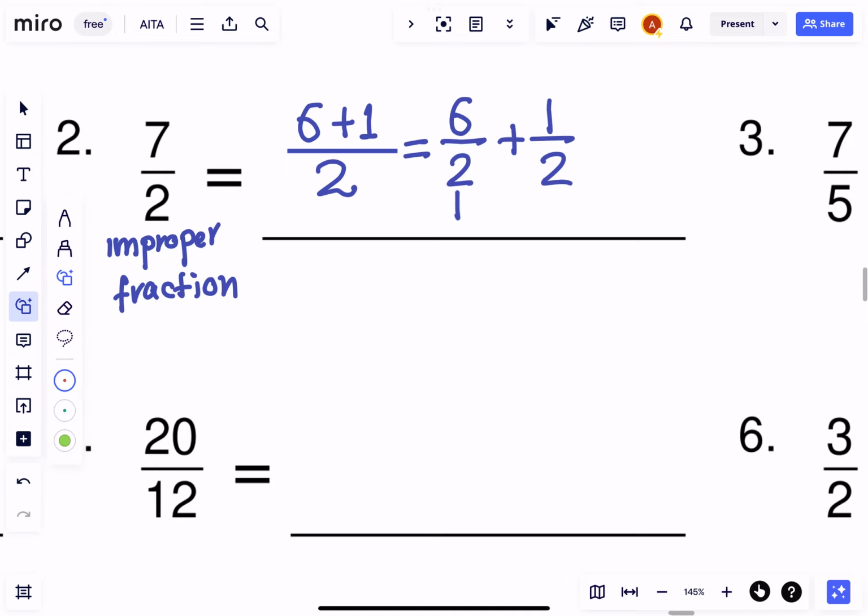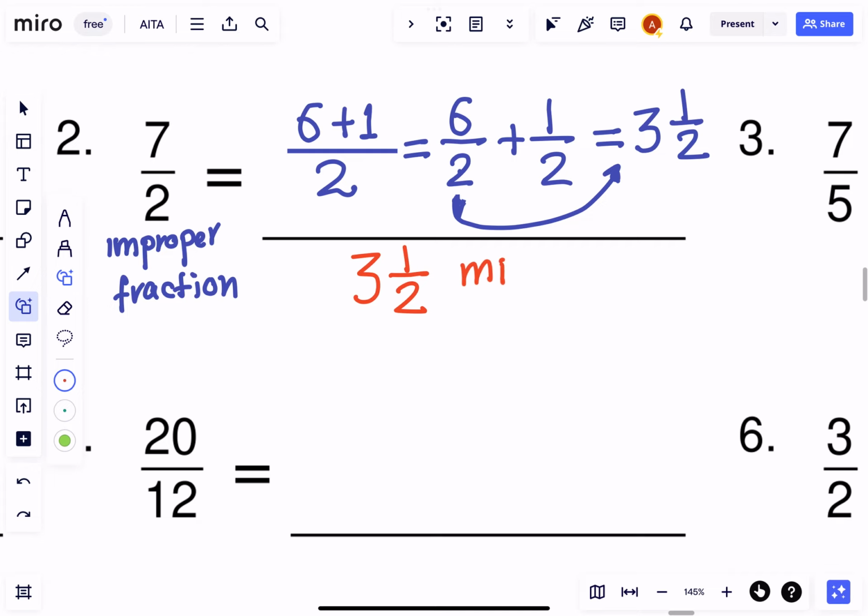And we know that this one here is equal to 3. So 3 and 1 upon 2. And how do we get 3? 2 times 3 will give you 6. So basically 7 upon 2 is the same as 3 and 1 upon 2, and this is a mixed number.